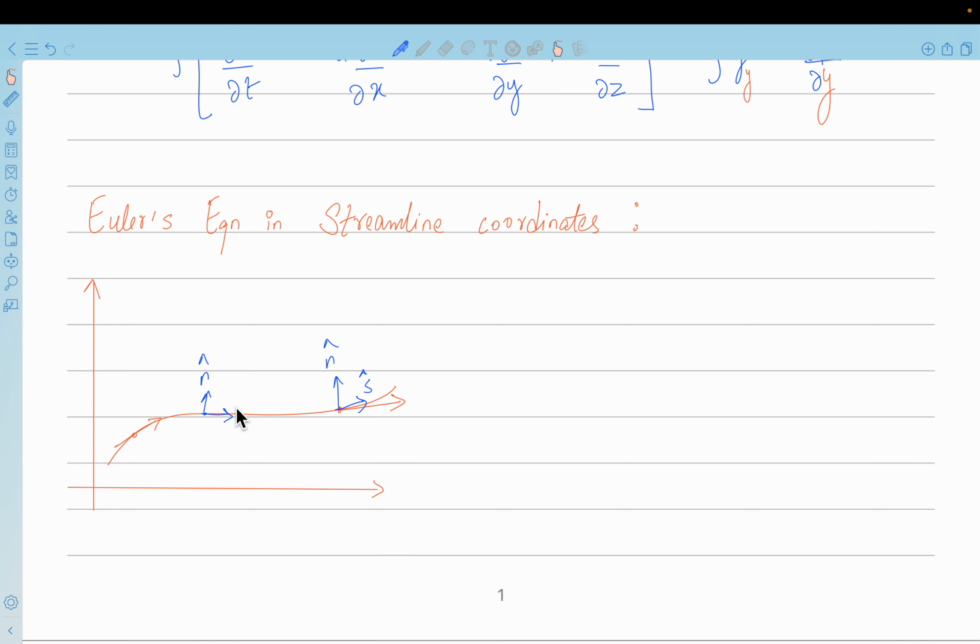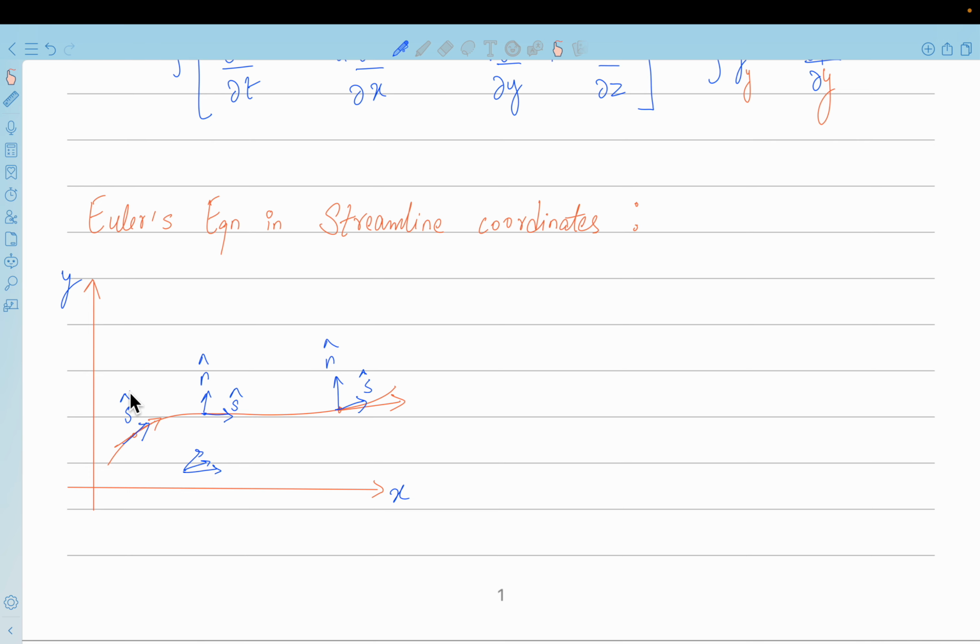So what you can see is this streamline coordinate, like this S, is changing its direction with respect to your rectangular coordinates x and y. First over here the S cap coordinate is oriented like this, then later on it becomes oriented like this, then it is changed further.